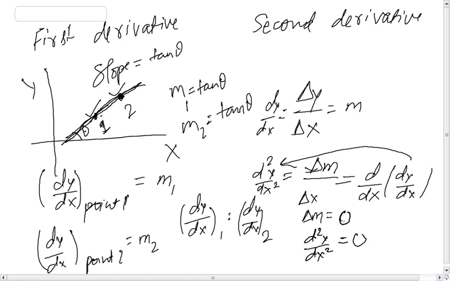So in the case of a straight line, the slope remains the same at all the points. That means the derivative at each point remains the same, and that's the reason the second derivative becomes 0. Now if you calculate the third derivative also, that is also 0, and so on, in the case of a straight line.